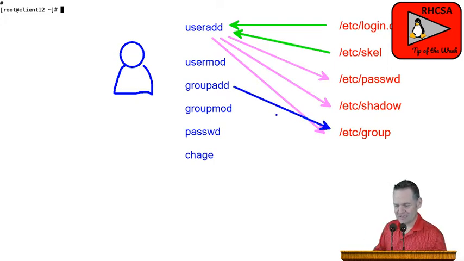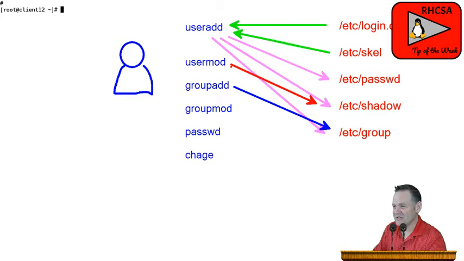Now the modification commands, if we take a look at usermod, for example, typically usermod might write out to a variety of different accounts. If usermod is being used to lock an account, then it would write out to the /etc/shadow file, because that's where the password information and the aging information is stored.